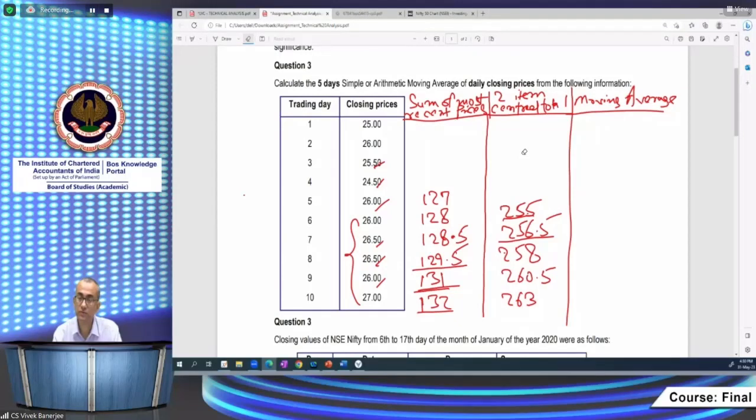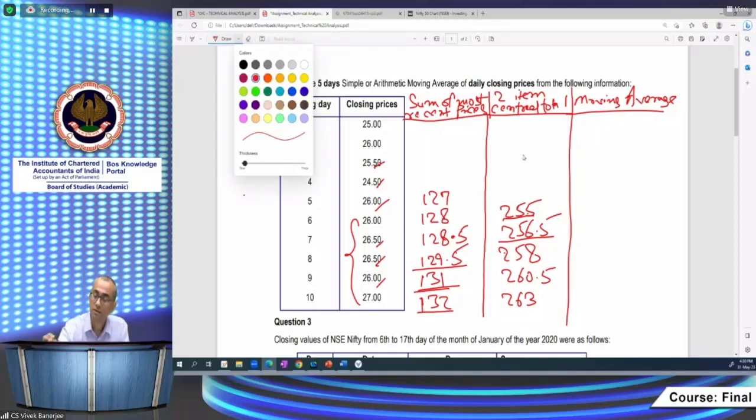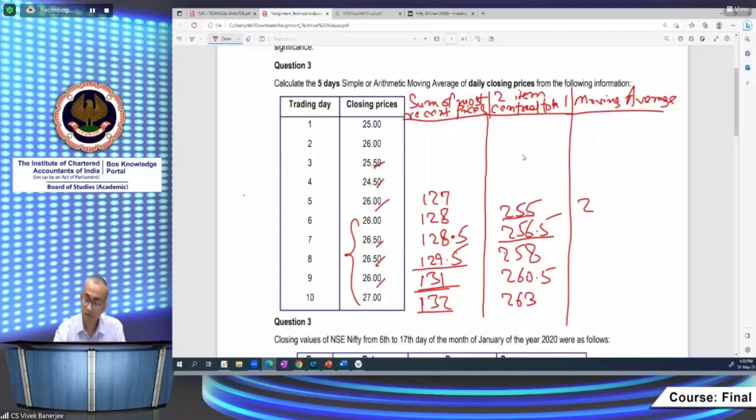So it will be 255 divided by 10, which is 25.5, or 256.5 divided by 10, so it will be 25.65, 25.8, 26.05, and 26.3.